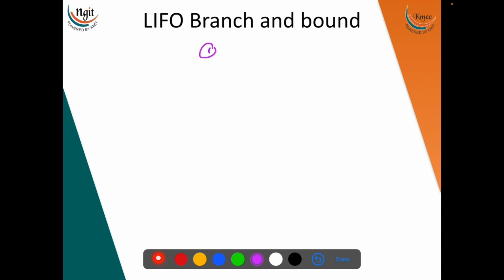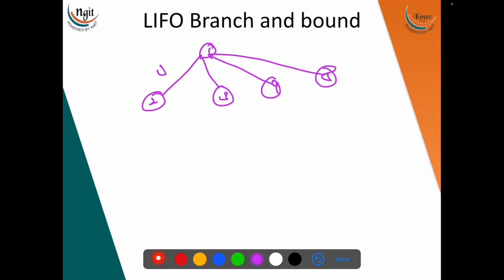For the same problem, the solution will be given using the stack method. So we'll take it in this way. Now what we will do is, we'll take the nodes J2, J1, J2, J3, J4. Now again from this you have to come back, because it is LIFO.